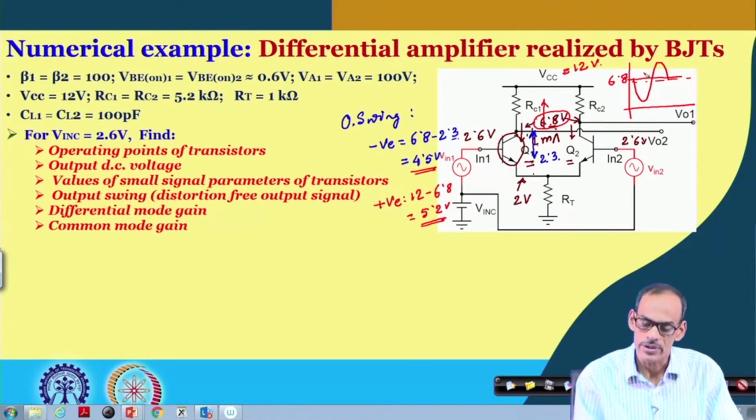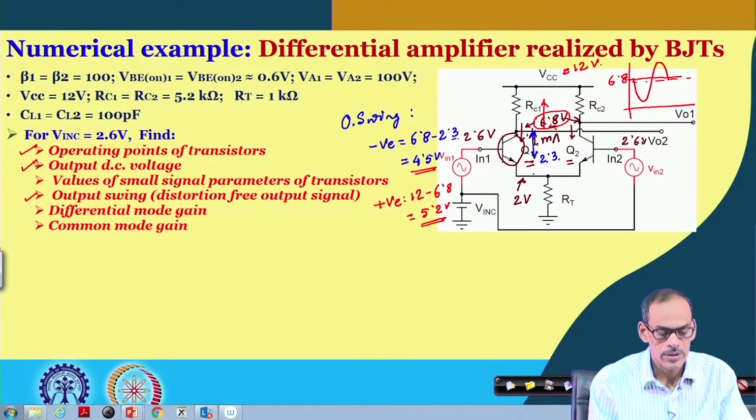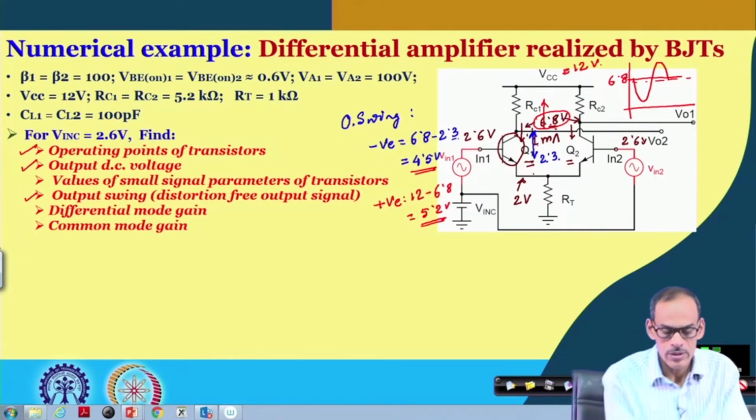6.8 volt is the DC level. So, now we obtain the output swing. So, we obtain the operating point, and we obtain the DC voltage. Now, the next thing is the small signal parameters of the transistors.